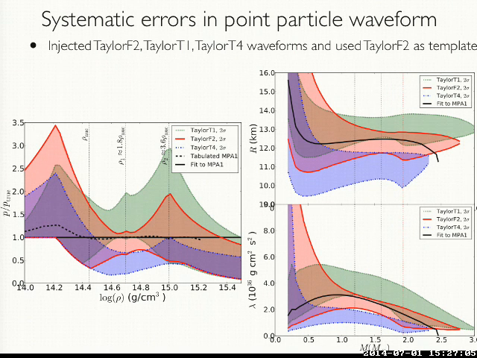This green band is the result if you inject a Taylor T1 waveform and assume that a Taylor F2 waveform is the true correct waveform: you overestimate the pressure. If you inject a Taylor T4 waveform, that's this blue band, and you end up underestimating the pressure.